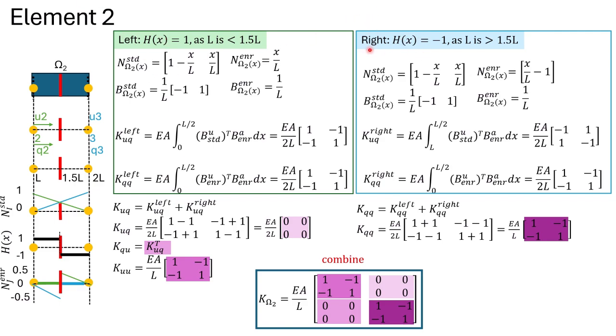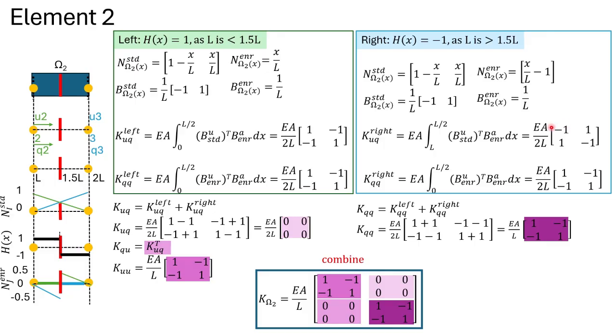So the right side follows the same properties, just using H equals -1 here because we're on the far side of the discontinuity on this side. Again, plugging in the same parameters that we had for element 3 for our shape function and strain matrices up here, we plug those into our K components to get KUQ right as this matrix.